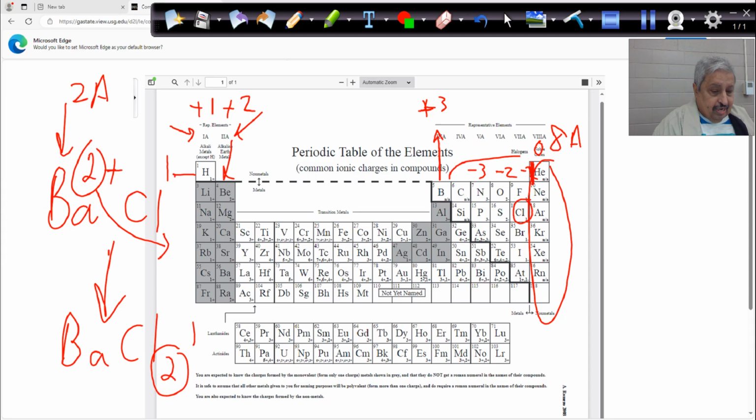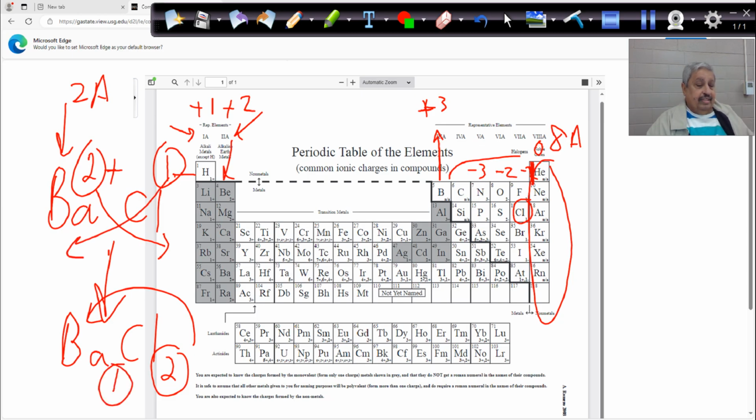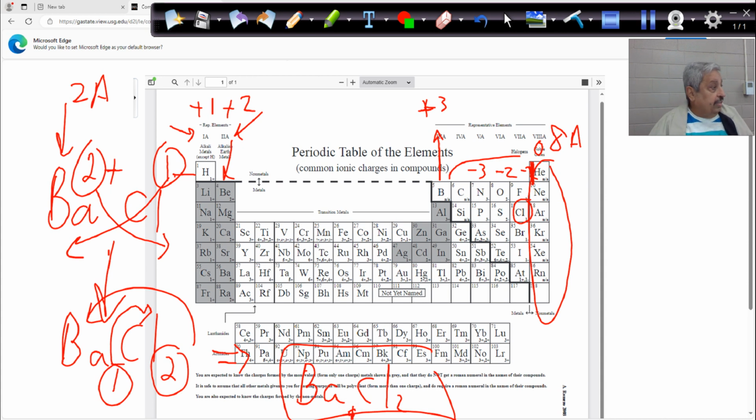So we know this 2 is coming from the barium. The 1 here, understood, will come to barium. This comes from the chlorine. So when I write this, it will be BaCl2. We don't write the 1 here. It's understood, not written. So it's called barium chloride. Okay, so this is without charge. How about if we have?